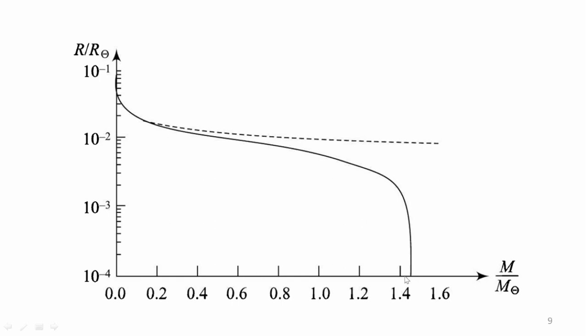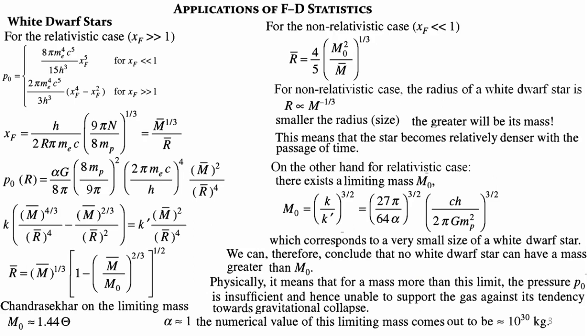Anyhow, when you reach a value close to 1.44 of the solar mass, this is denoting the gravitational collapse. The radius suddenly decreases. So this is called gravitational collapse. So what is the Chandrasekhar limit?